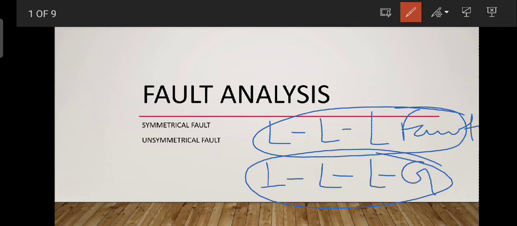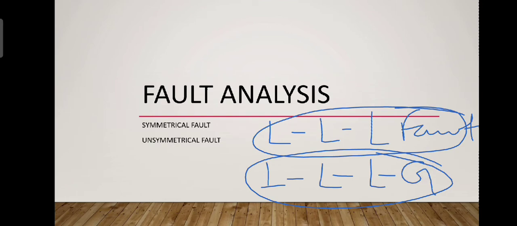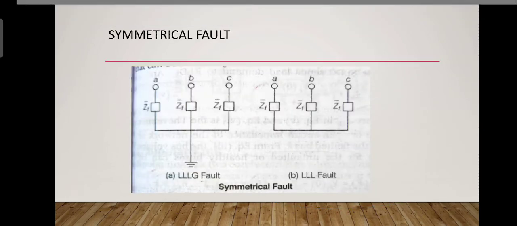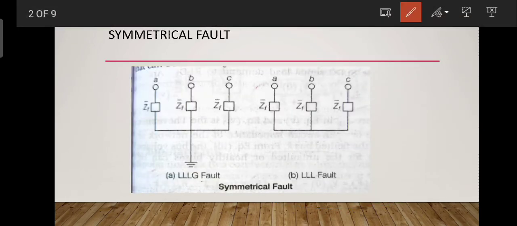So in the next slide we will see the two faults. This is our line to line to line to ground fault. Those are three lines, let it be phase A, phase B and phase C, with respect to ground.